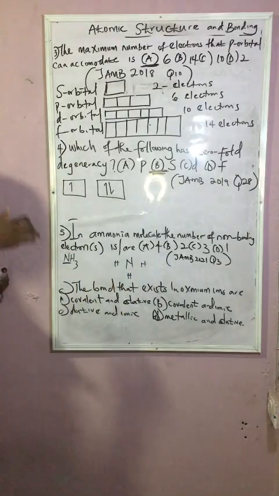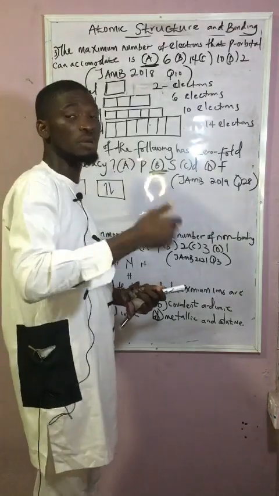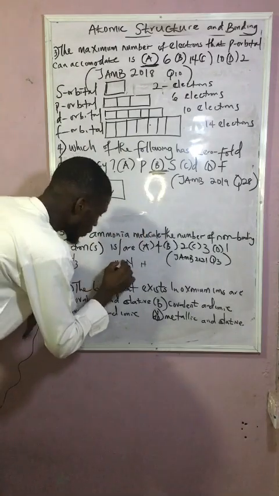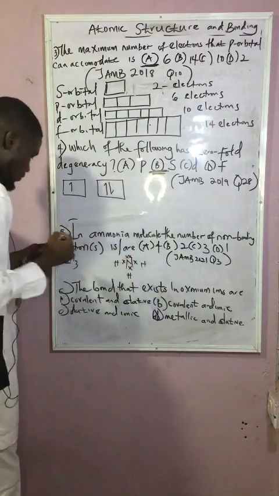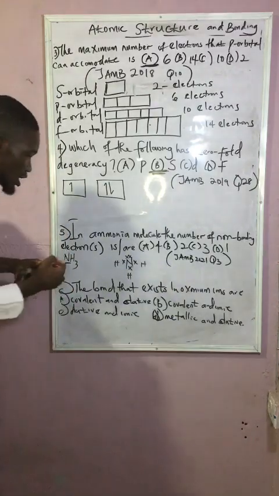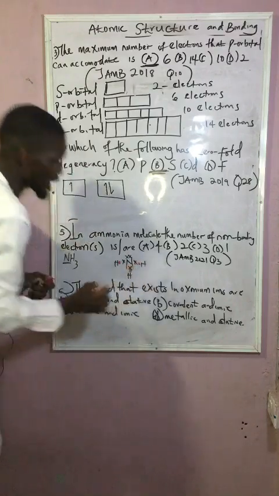Are you with me now? So when you look at this now, what is the outer electron of nitrogen? The atomic number is 7. So the outer electron will be what? 5. So let's go. We have 1, 2, 3, 4, 5. So looking at what you have on the board now, this one goes for hydrogen, hydrogen, hydrogen.